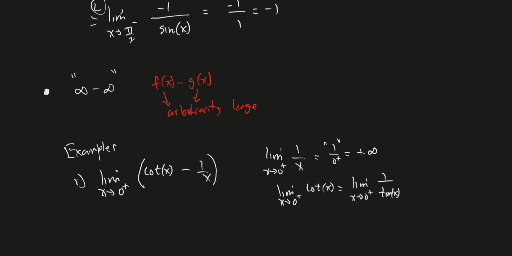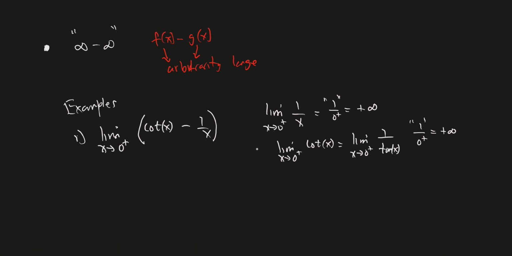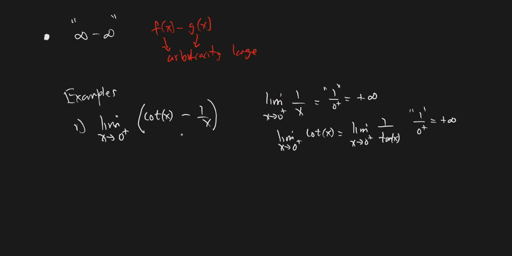So as our x gets very, very small from the positive side, the tangent also gets very, very small, also from the positive side. So this is again 1 over 0 plus, which is positive infinity. So again, these are both infinite limits. These functions separately get arbitrarily large, right? So how do we get this in a form where we can possibly use L'Hopital's rule?